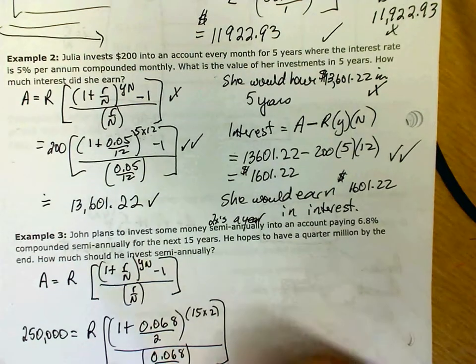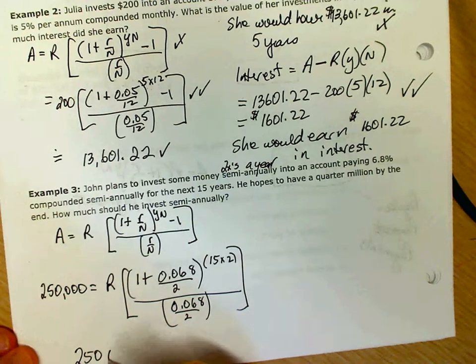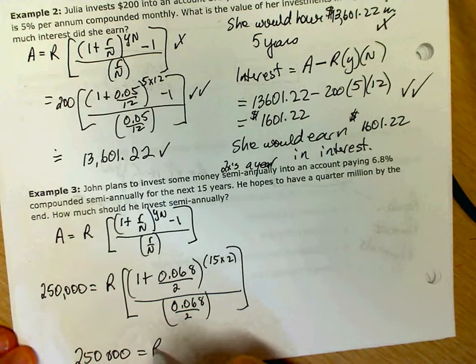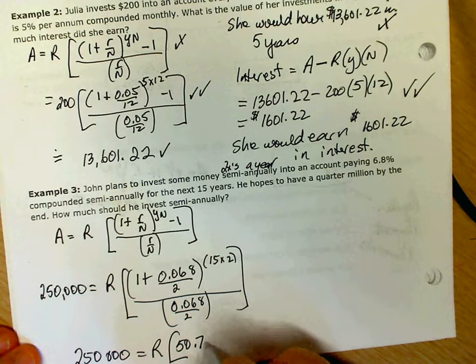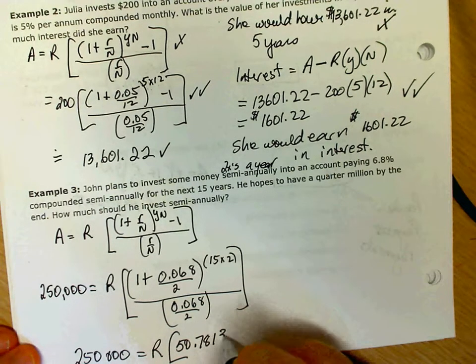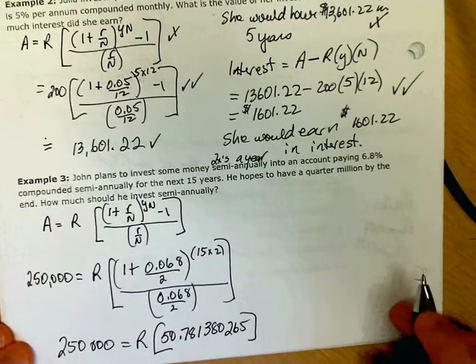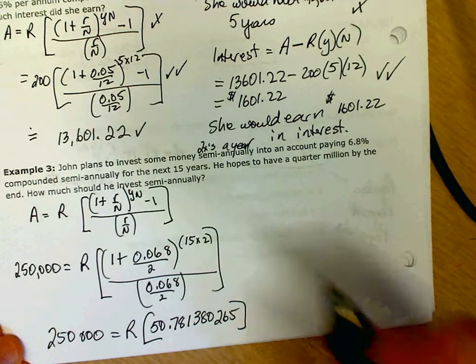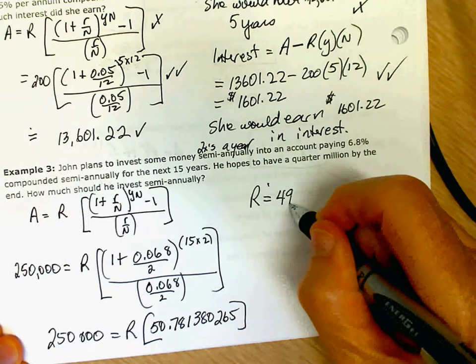So we get 250,000 equals R times 50.781, and 250,000 divided by 50.781. So R is approximately equal to 4,923.06.